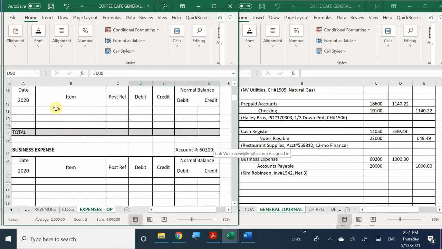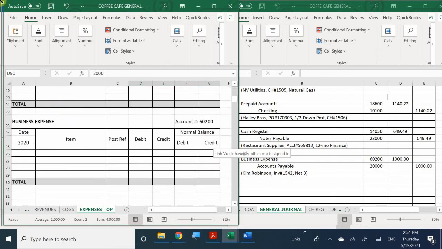I have bank fees. Here you go, business expense. So this is where I'm going to write the information that, it's the 7th now, that I've encountered interior design consultation.